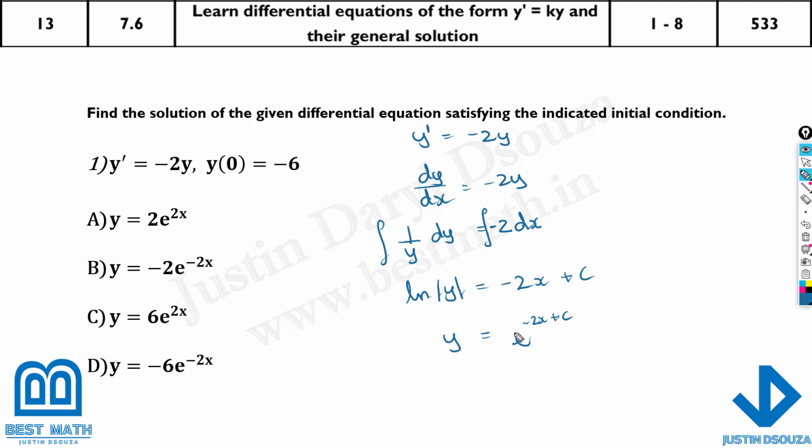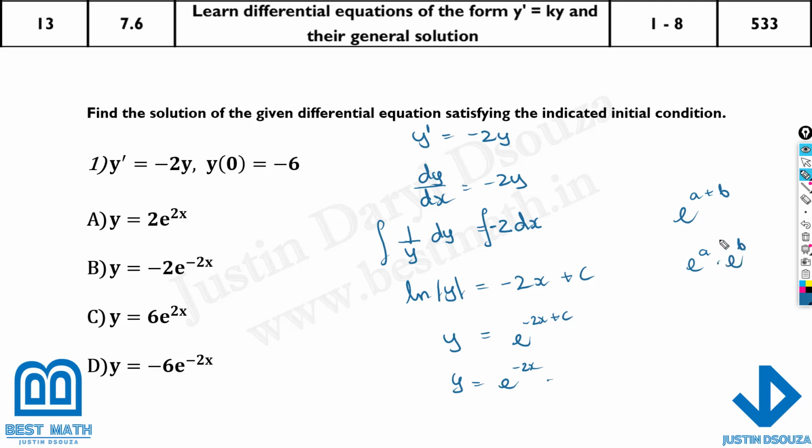Why am I taking only positive? Because exponential will be only positive, right? Positive side of the thing. So you can ignore this modulus. Now, y equals e to the power minus 2x multiplied. See, imagine you have e to the power a plus b. You can write it as e power a multiplied by e power b.